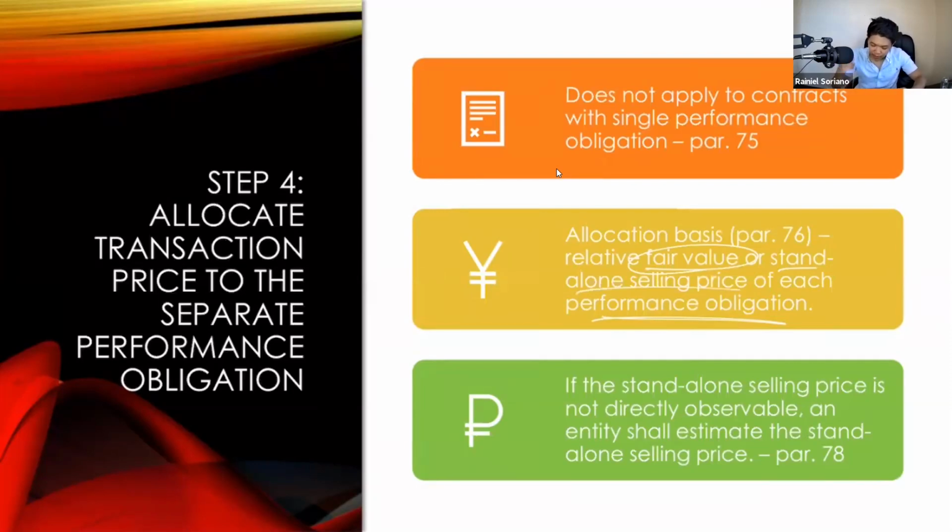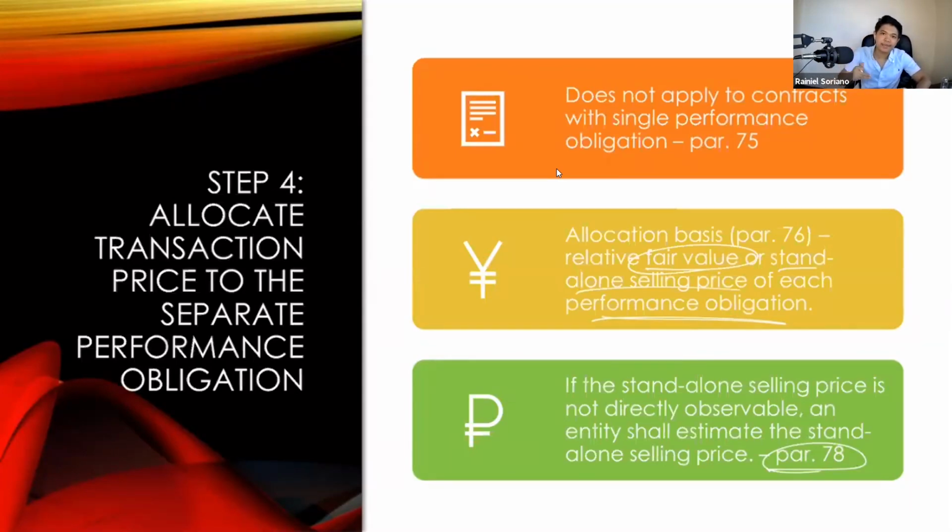So, its standalone selling price or its separate selling price will be the basis in the allocation of the transaction price. Okay? So, according as well to paragraph number 78, if the standalone selling price is not directly observable, an entity shall estimate the standalone selling price. So just in case that one of the performance obligations ay walang fair value or walang standalone selling price, according to paragraph 78 of IFRS 15, kailangan ulit nating mag-estimate.